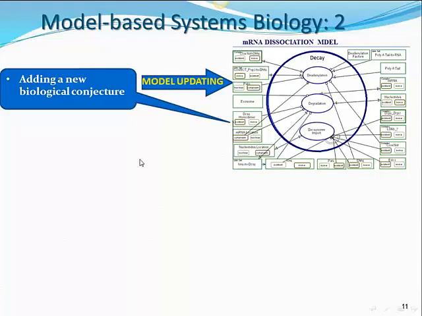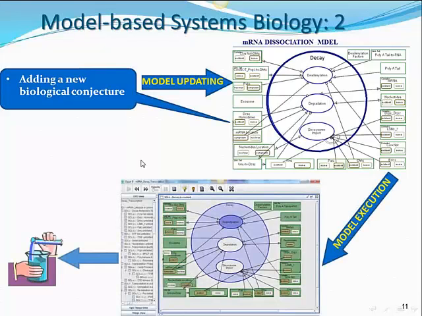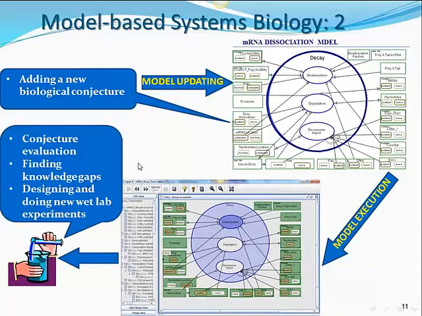We augment the model with them, and then we execute the model again, and this either verifies the results or is a reason to do some more wet lab experiments, which are usually very costly, and we can spare and save many of them by doing these so-called in silico experiments.